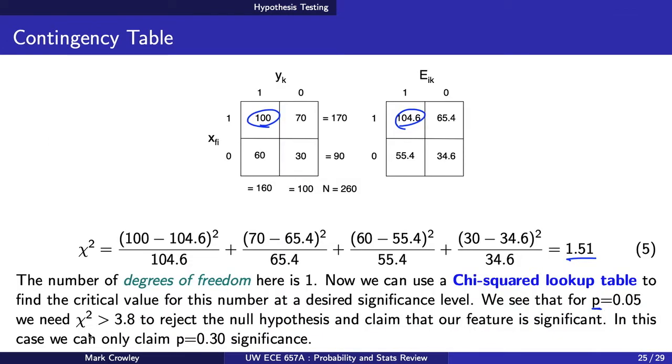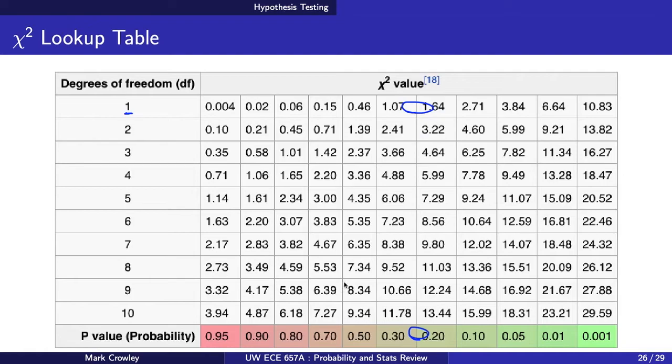When we compute it out exactly, we can claim that we have a p of 0.3, or a 30% significance rate, which again means that 70% of the data would be consistent with this model, even if it were modeled as a Gaussian. And we can't claim more than that.